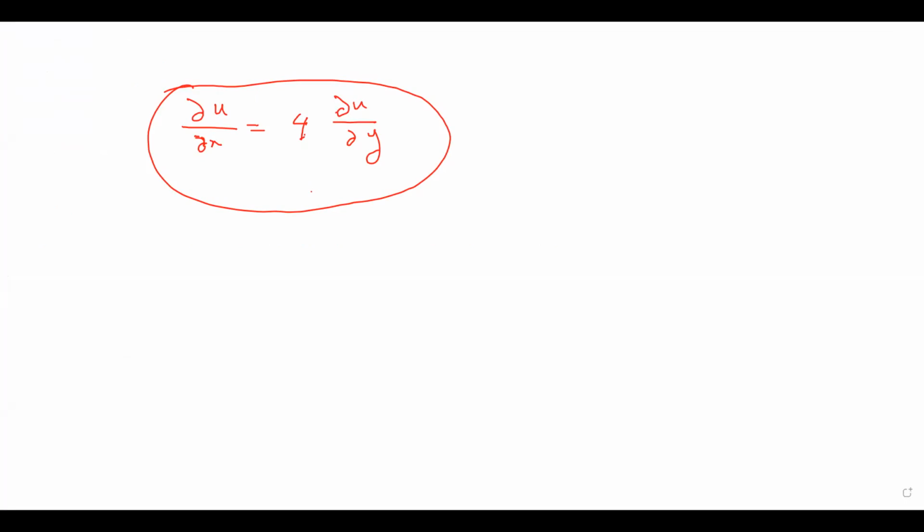So the general heat equation has the structure del u by del t equals a square.